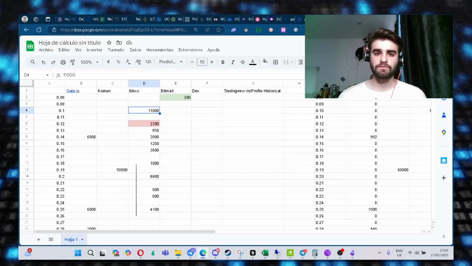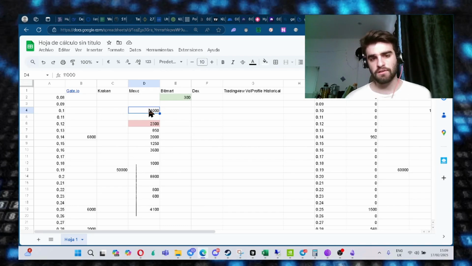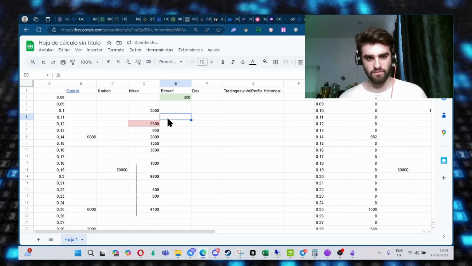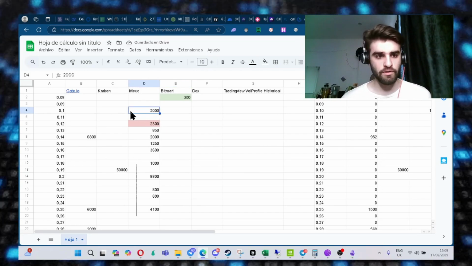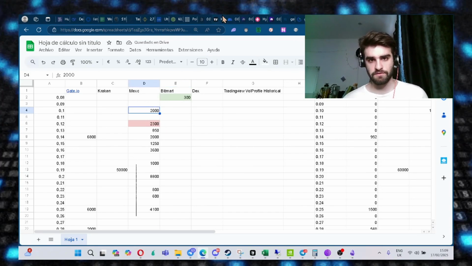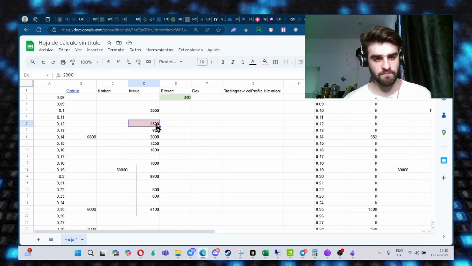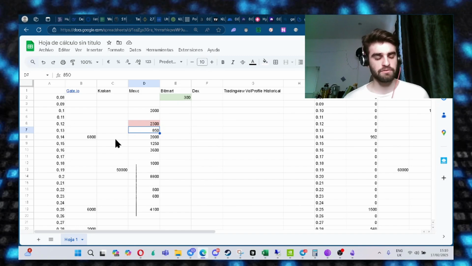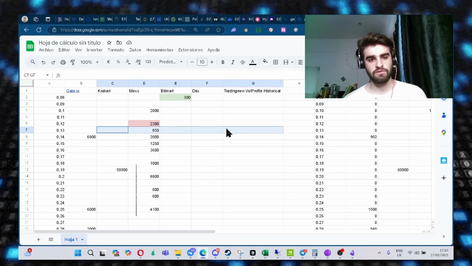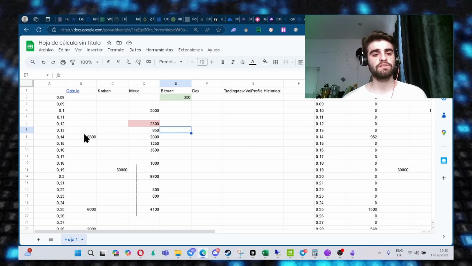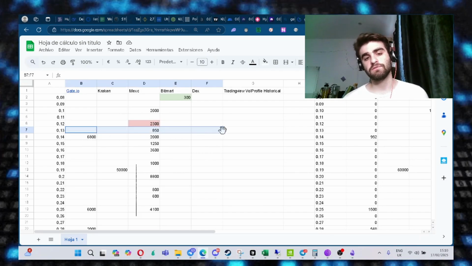So after we do this, let's say the 11,000 turns out that there's only 2,000 out there. Then we know that if we're at a price of 0.08, it's gonna take us maybe 5 to 6 to 7k dollars over time to do a pump.